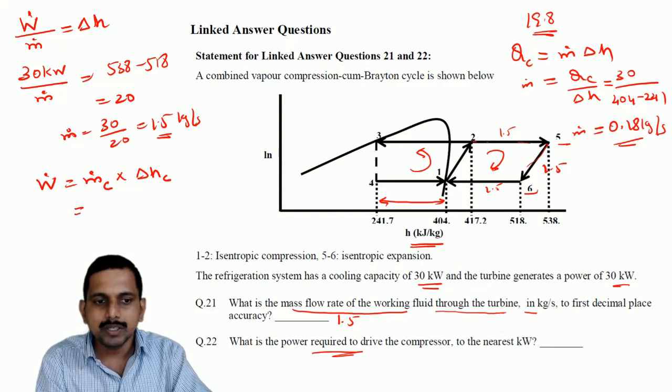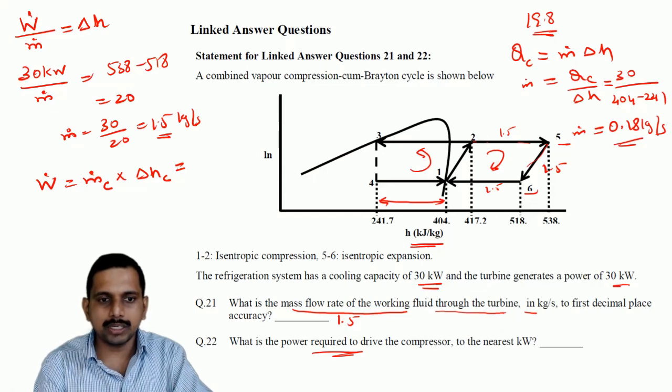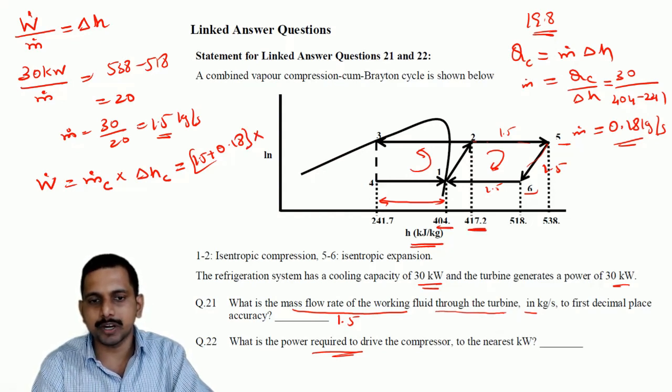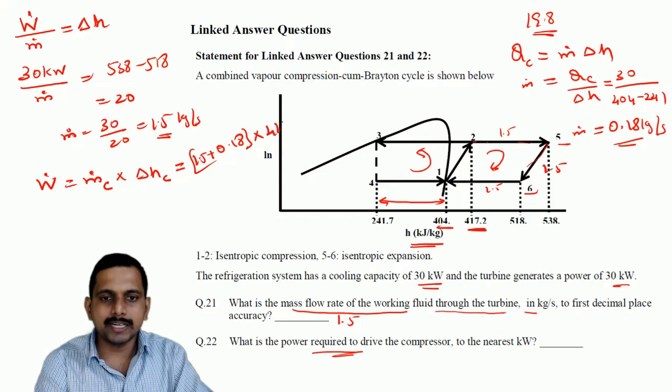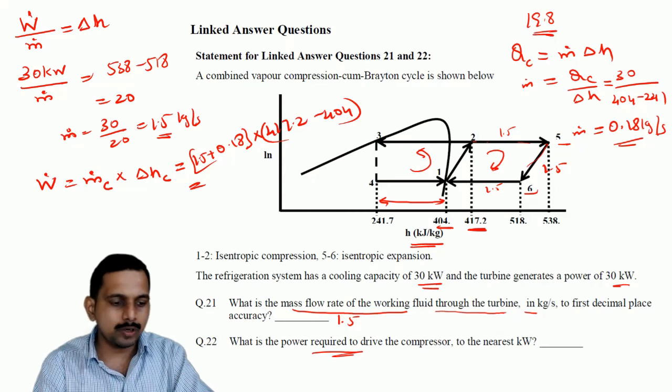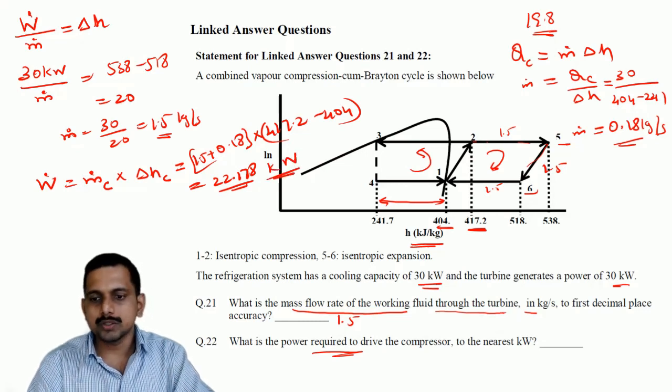So M dot is 1.5 plus 0.18, into delta H, which is 417.2 minus 404. The answer I get here is 22.178 kilowatts. So the answer is 22.178 kilowatts.